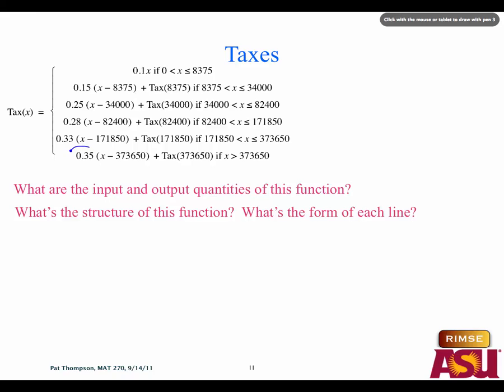I'm not asking you to explain the function. I'm asking you to tell me what's the form of each line. What's the form of that line? Does it look familiar?